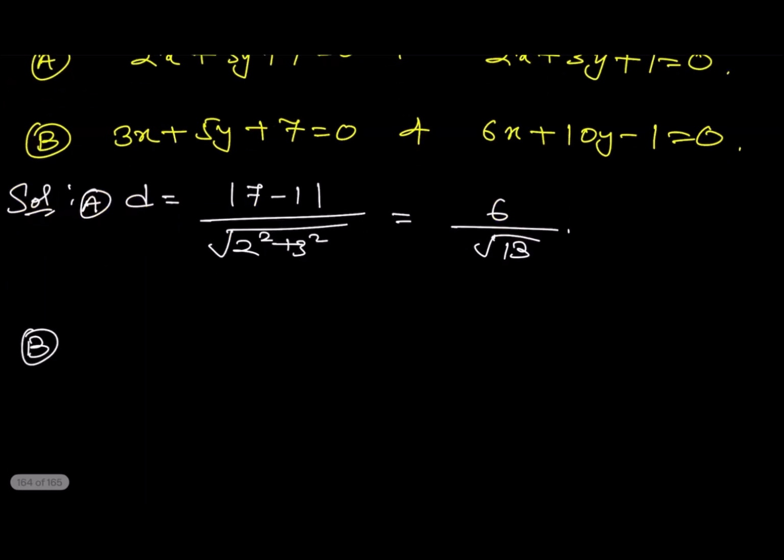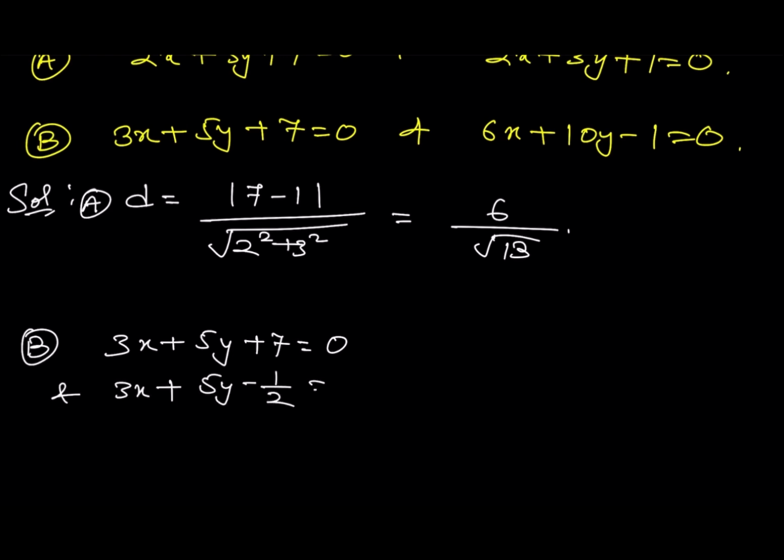So dividing both sides by 2 in line 2, we will get lines 3x plus 5y plus 7 is equal to 0 and 3x plus 5y minus 1 by 2 is equal to 0.